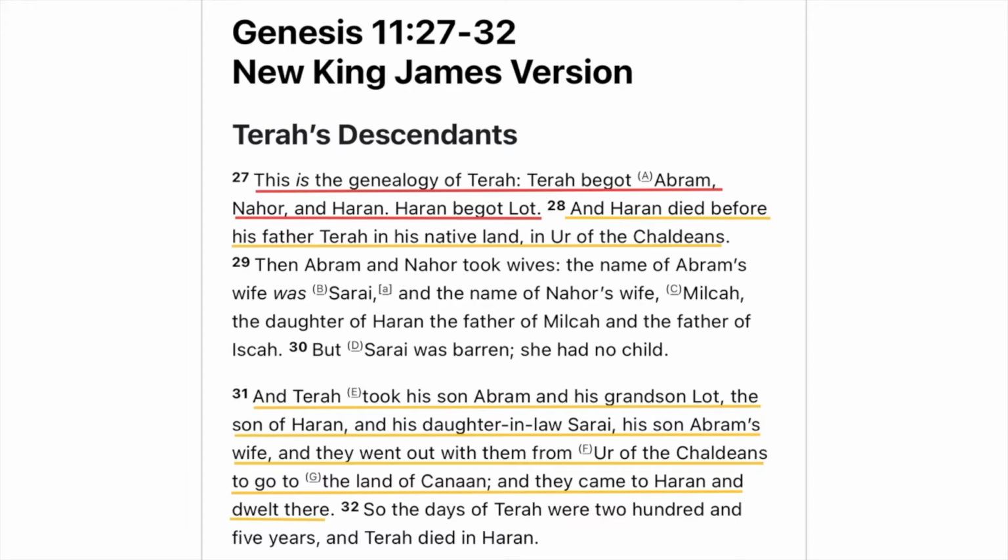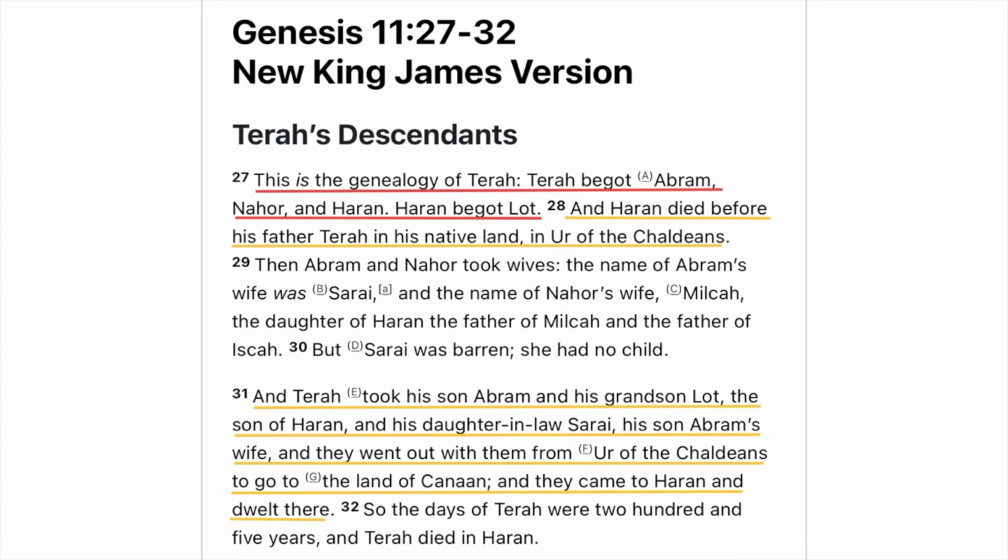So, Genesis chapter 11, verses 27 through 32, it says, "This is the genealogy of Terah. Terah begot Abram, Nahor, and Haran. Haran begot Lot. And Haran died before his father Terah in his native land, in Ur of the Chaldeans.